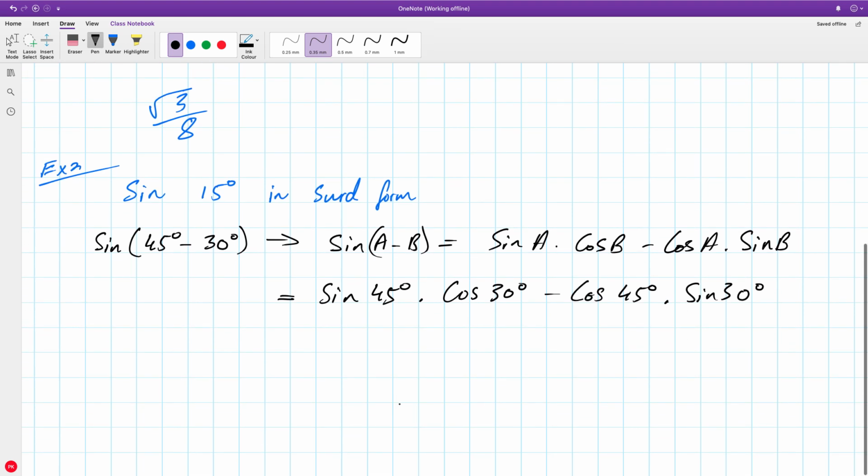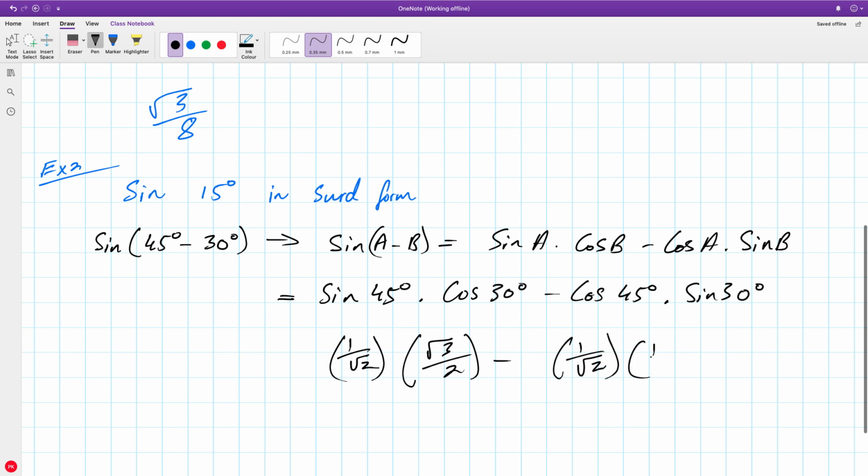So, sine 45 degrees is 1 over root 2 by the cos of 30 degrees, which is root 3 over 2, minus the cos of 45 degrees, which is 1 over root 2 by the sine of 30 degrees, which is a half.